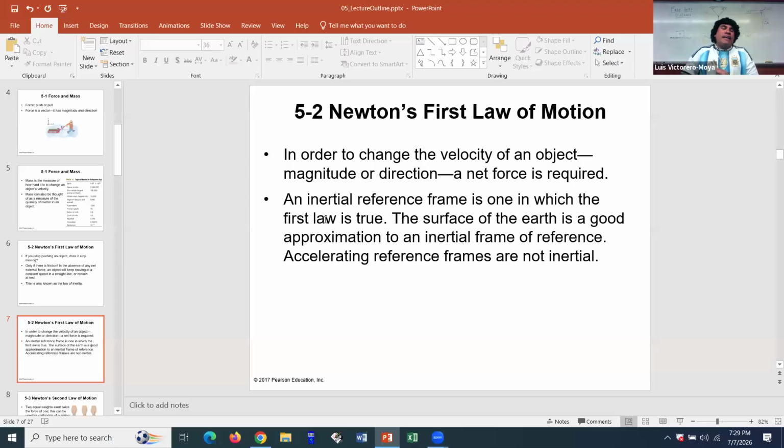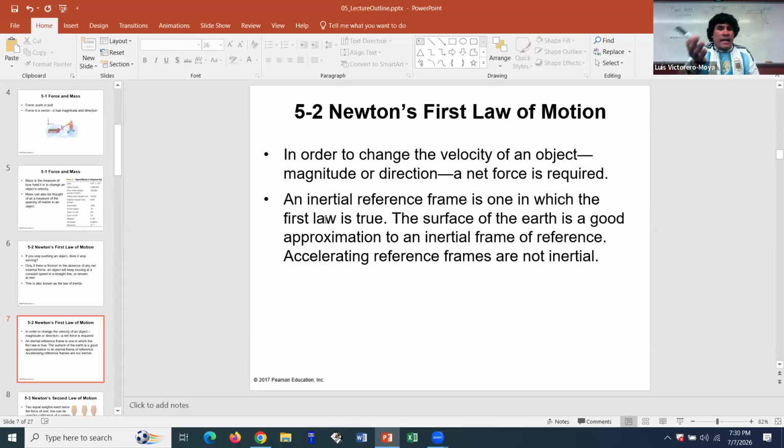Newton's second law. In order to change the velocity of an object, a net force is required. Well, the example of the masses, right? You know already that if I let it go, this mass is going to reach a final velocity when it touches the ground. So the velocity is changing. Why? Because of gravity.